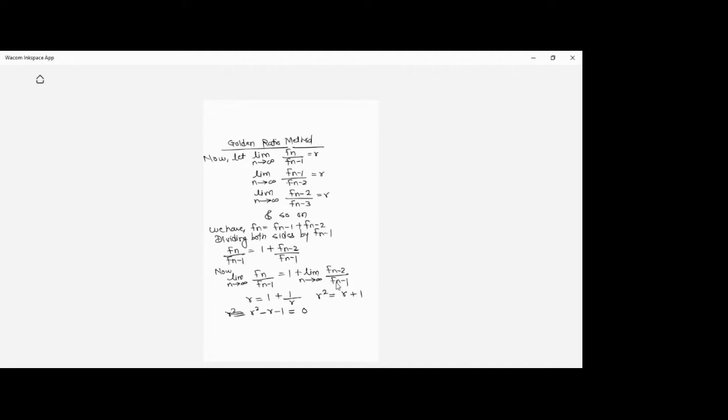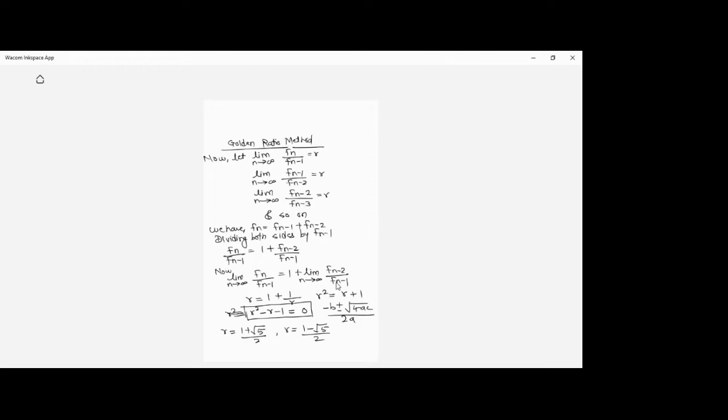Now to find the roots of this equation, the normal formula we use is minus b plus minus under root of b square minus 4ac upon twice of a. Using this formula, we get r is equal to 1 plus root 5 upon 2, and the other is r is equal to 1 minus root 5 divided by 2.